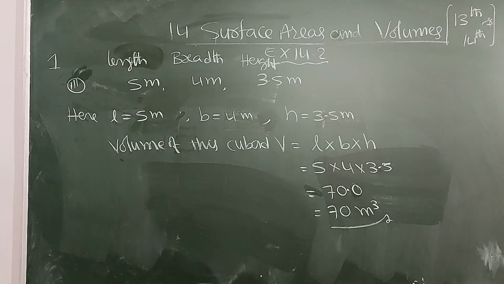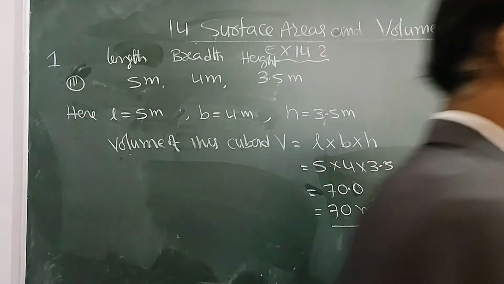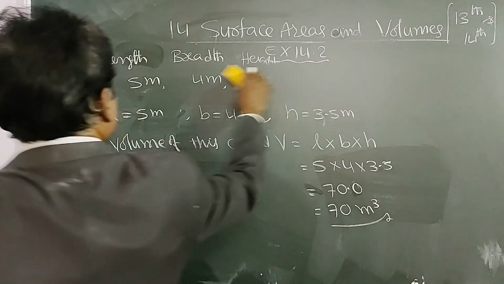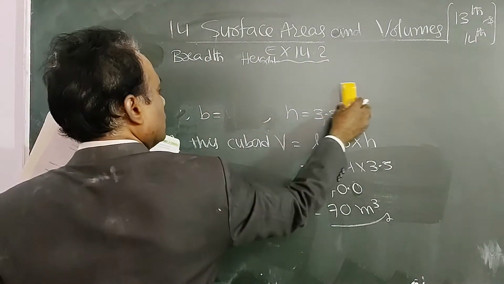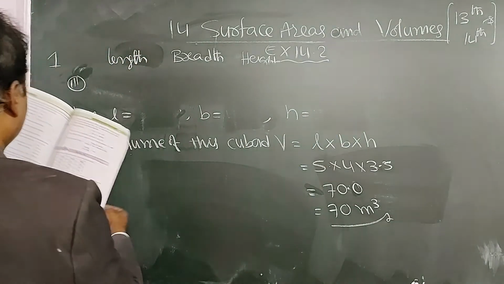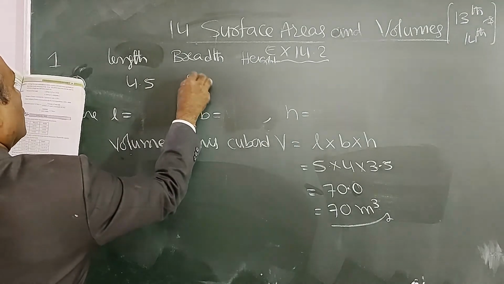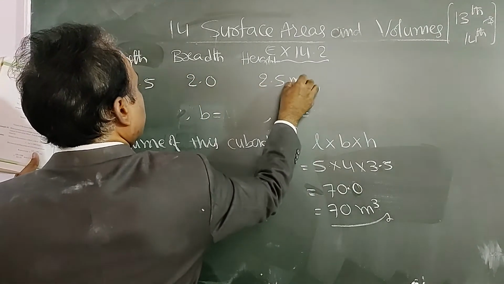Same formula, same process. Third bit is 4.5, 2.0, 2.5 meters.